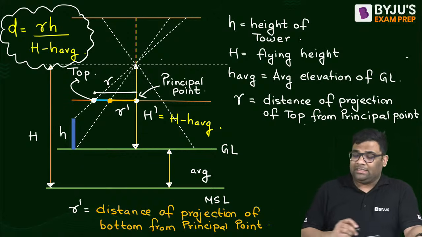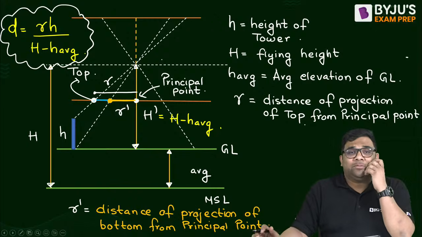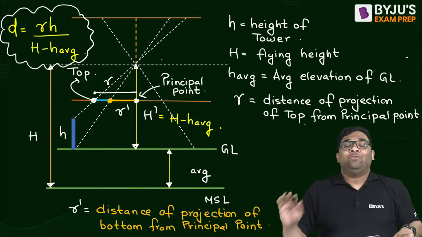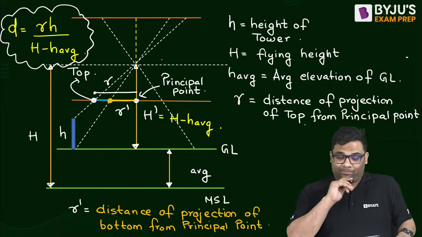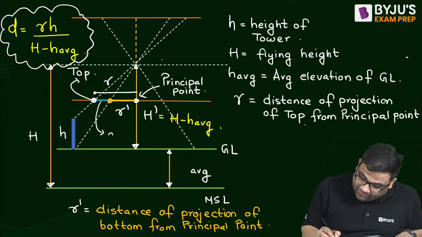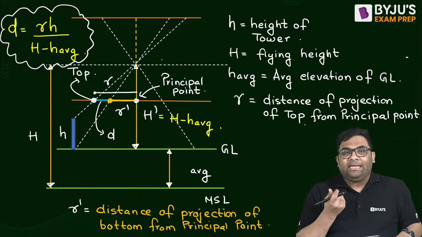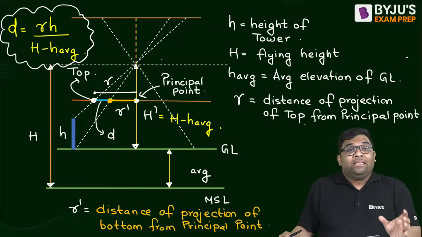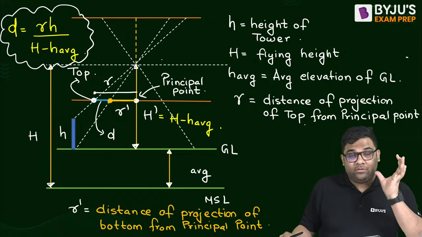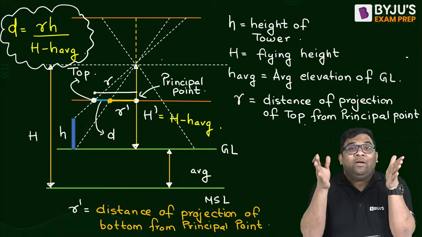Now the question is why we are studying relief displacement. You see, this is your d, the relief displacement. Very simple funda: we study it so that we can find the height of different towers or buildings from the picture.